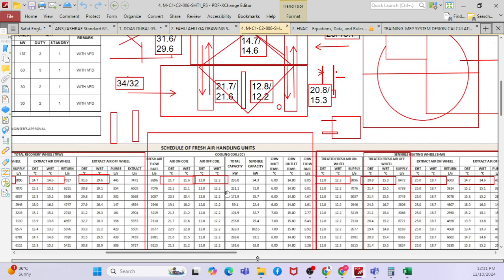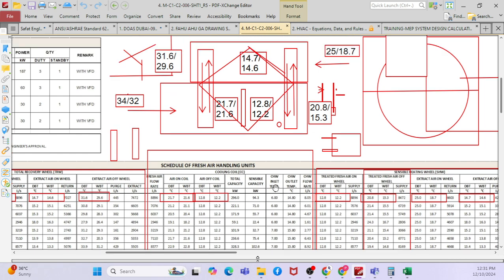Okay, so you can see here they have selected total recovery wheel and sensible wheel. Double wheel they have selected. Okay, but if you see that if you go with the preheat pipe, that efficiency is better, then you may go with the preheat pipe. Okay, this condition will depend upon what you are getting from the space and what is the airflow rate. So this depends upon that, the condition will change. Clear, right?